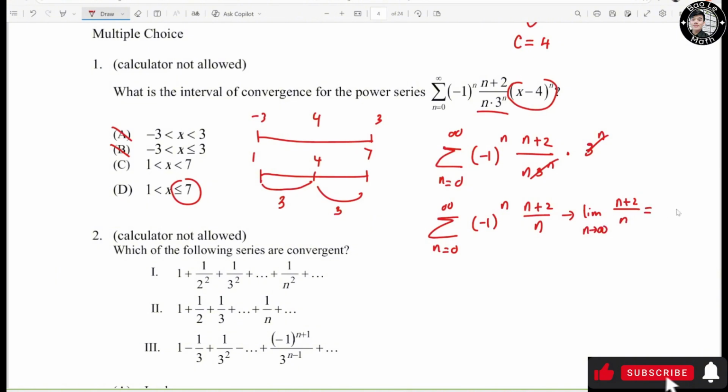It's the limit of n over n, because n is much larger than 2, so it's actually 1. This is different from 0, so by the nth term test, this series diverges. So s equals 7 is excluded, because we need the interval of convergence. The answer must be C.